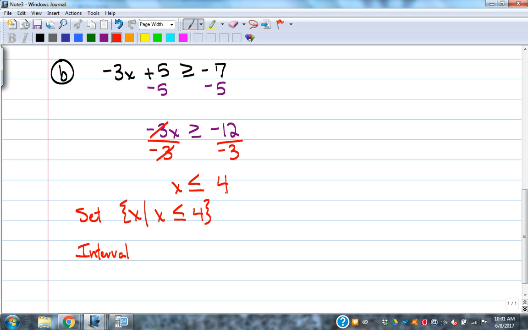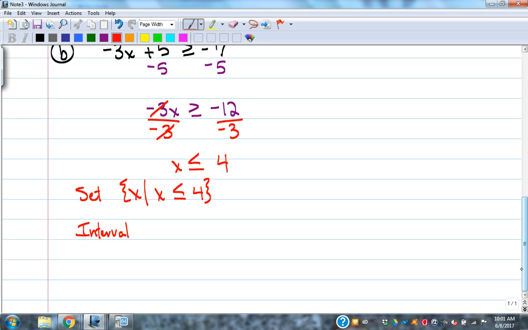Interval. Anybody want to take a stab at interval? What would it go to?